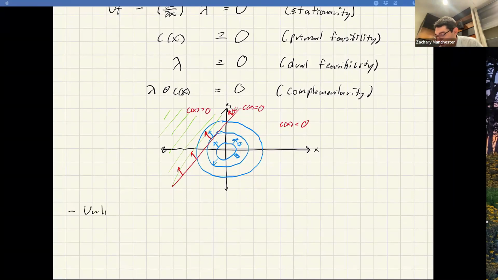Okay, so unlike the equality case, we can't directly solve these things.